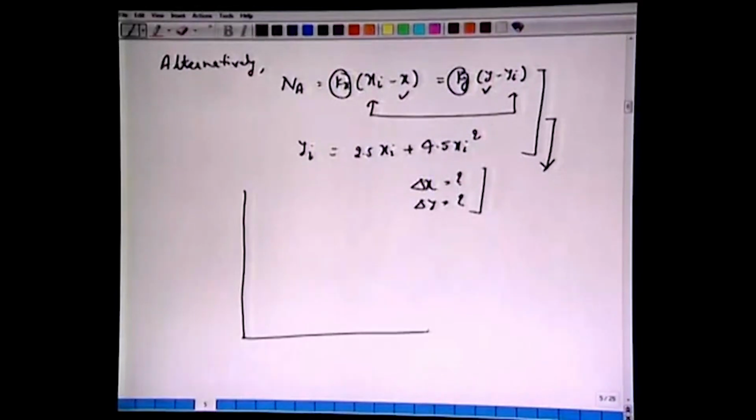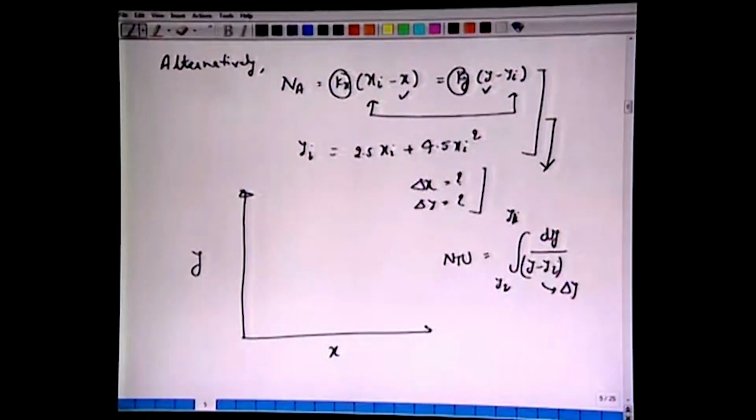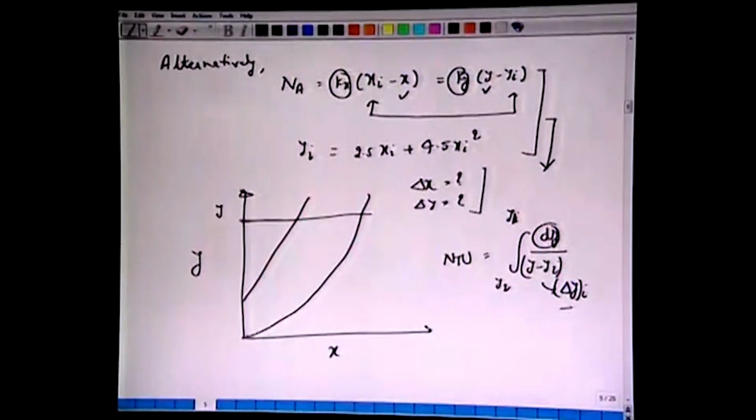So just to sum up, since we are talking of driving force, let us again try to understand the meaning of this NTU. We have NTU as the integral of dy by y minus yi, from y2 to y1. This is the driving force of mass transfer based on the interface. So we have the equilibrium curve, the operating curve, the boundary y1 and the boundary y2.